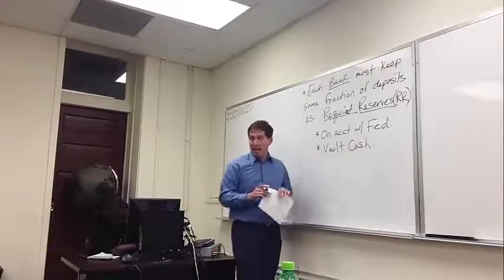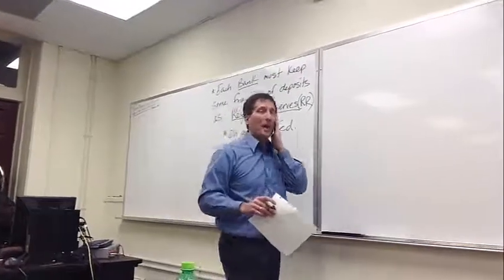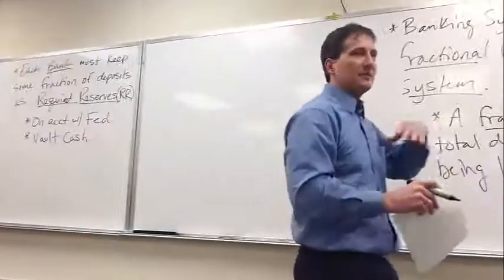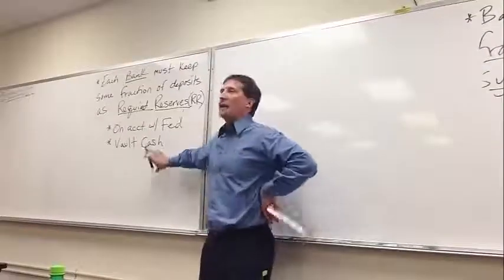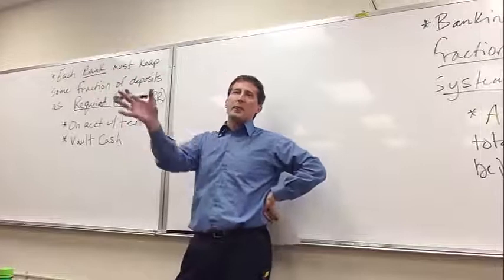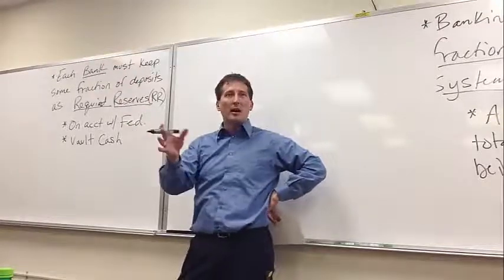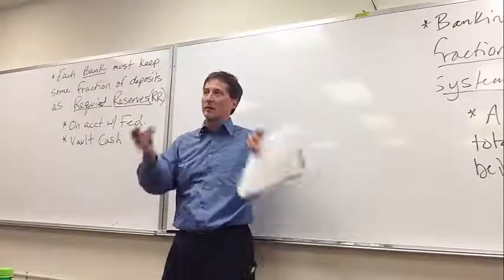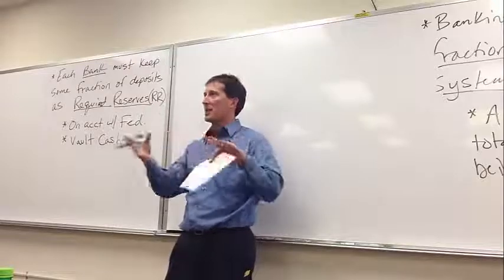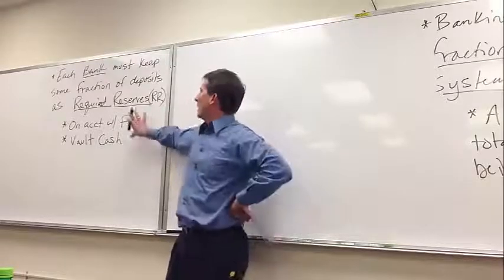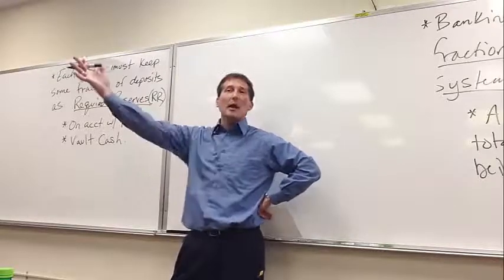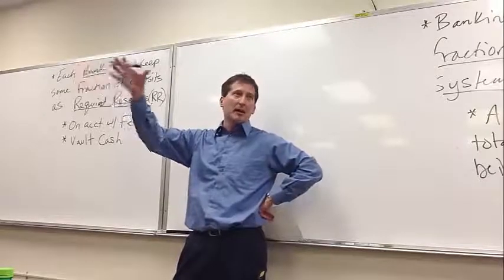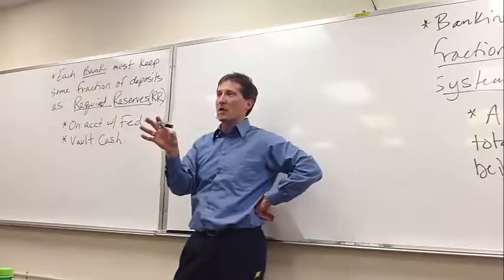So on any given day, if that magic percent is 10%, the Federal Reserve can go audit their books and say, hey, you've got $3 million on deposit in the form of checking accounts and savings accounts and time deposits, and we're requiring you to hold 10% of that back. You can loan out 90%, that's fine, but you got to be holding back 10%.